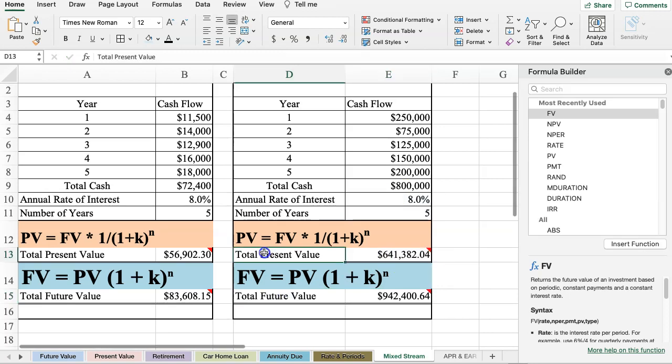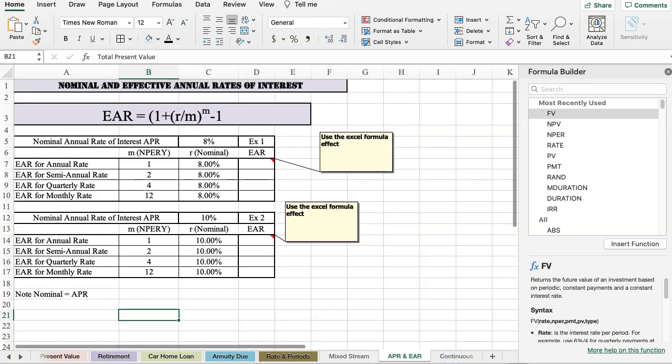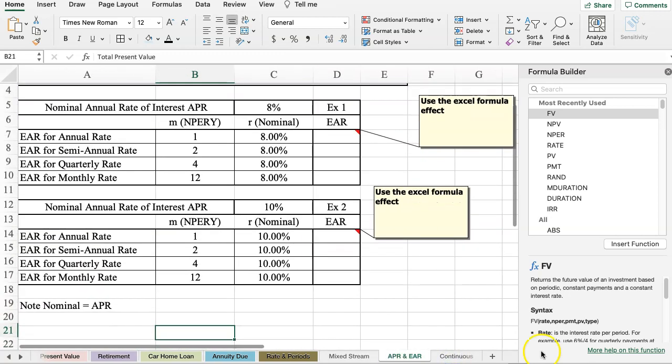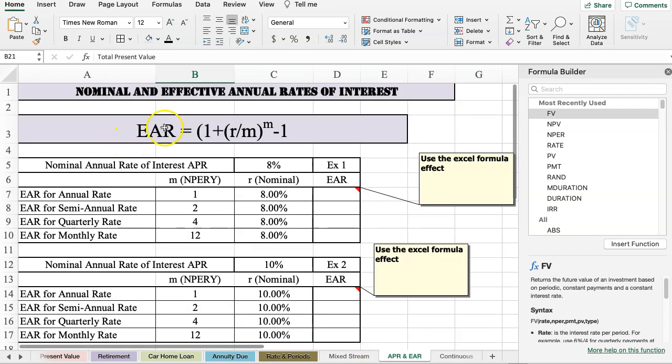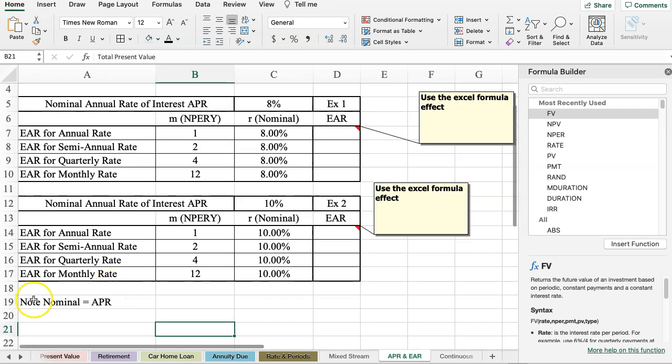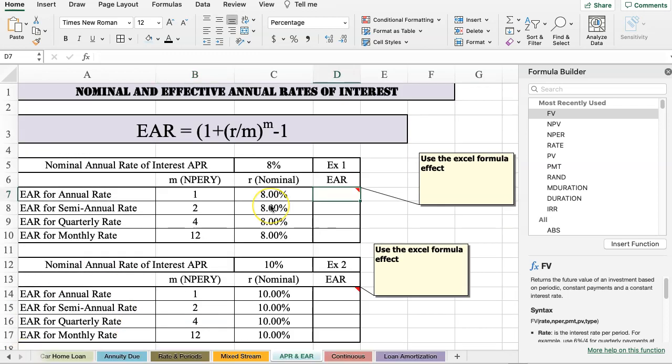Okay. Now here we're going to calculate the APR and the EAR, which is the effective annual rate. APR, annual percentage rate, is also the nominal rate. So to calculate the effective annual rate, we're going to use the EFFECT formula in the builder.